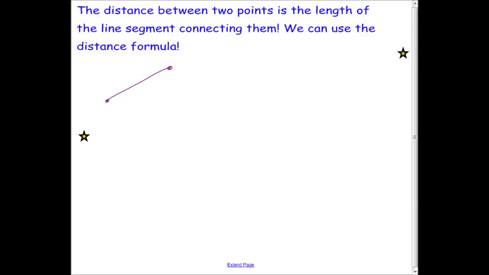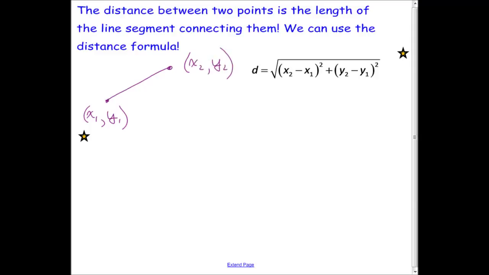If we know the coordinates of those 2 points, we can use the distance formula to find the length of that line segment. And you know that if this is point 1, then we'll call its coordinates x1, y1, and this other one would be x2, y2, or point 2.